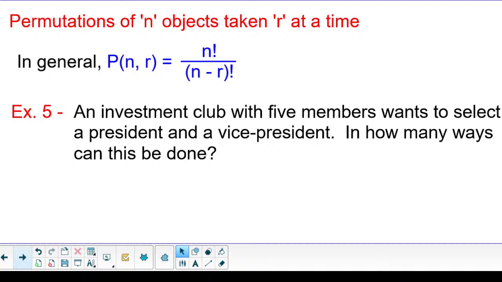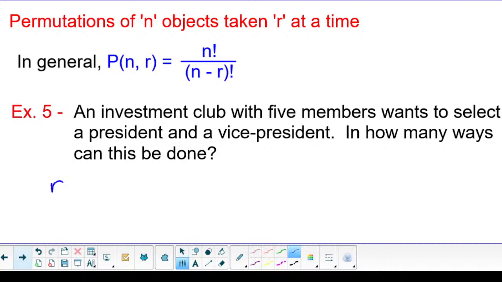And the fourth person is going to be the secretary. So those are the 4 roles. And the order makes a difference. Because if I pick Elise first, she's going to be the president. If I pick her third, she's going to be the treasurer. Okay? So here we have an investment club with 5 members that wants to select a president and a vice president. How many ways can this be done?